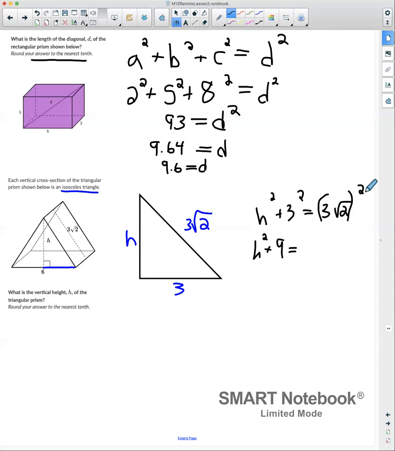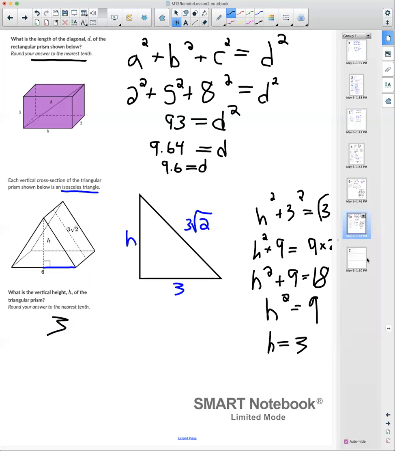So 3 squared is 9, and radical 2 squared is 2, so this is 9 times 2, which is 18. So h squared plus 9 is equal to 18. H squared is going to be equal to 9. H is 3. So the height is going to be 3. Next question.